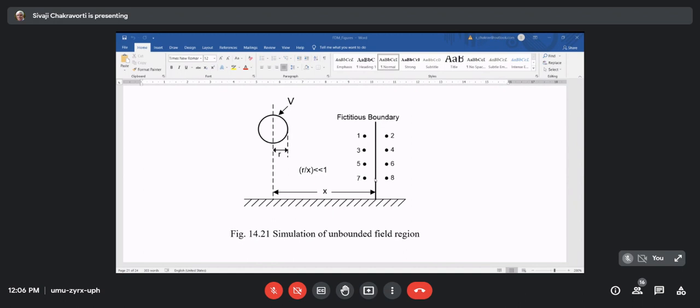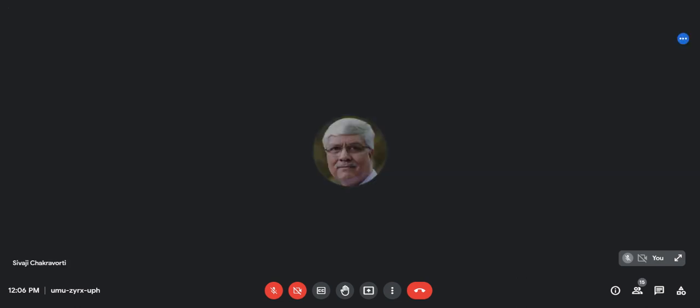That's how we end our region of interest without going up to infinity, by bringing in this fictitious boundary condition. From our knowledge of fields, we know that this is quite a practical approach, so we don't get any big error because of bringing in fictitious boundaries.